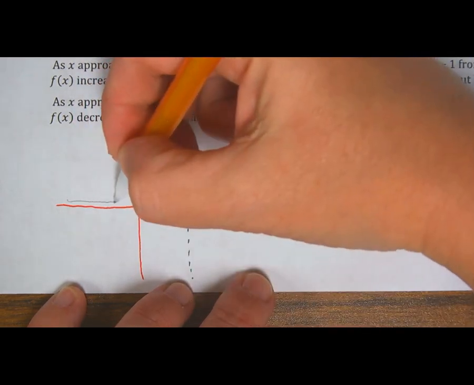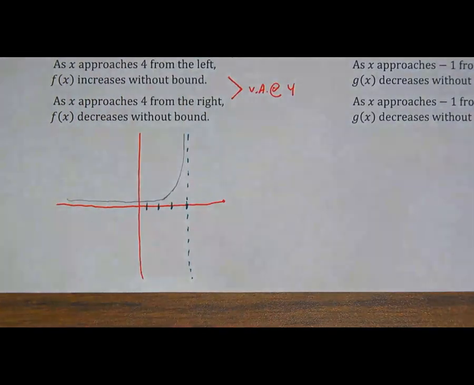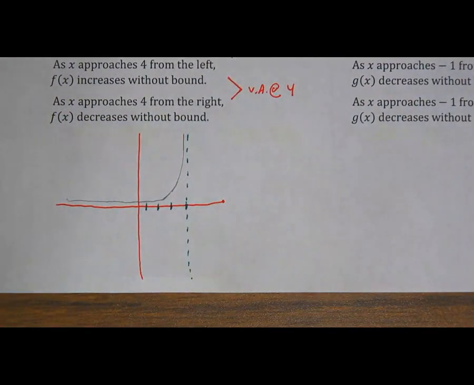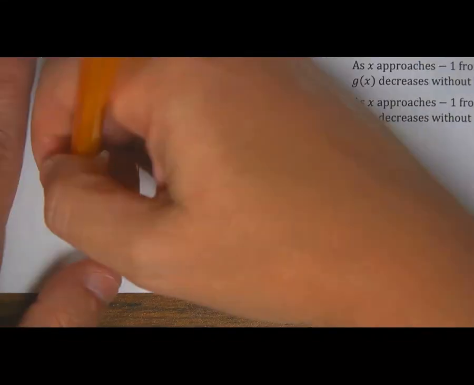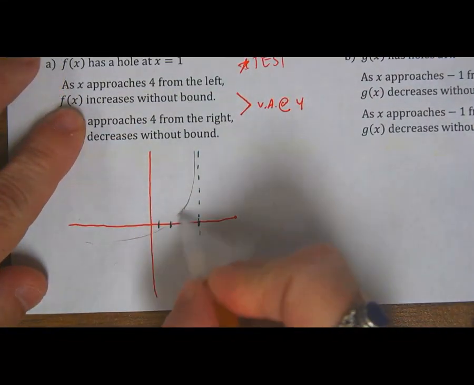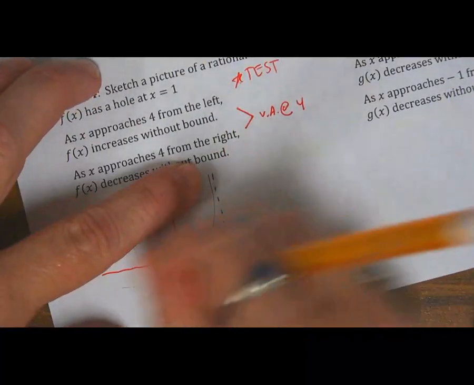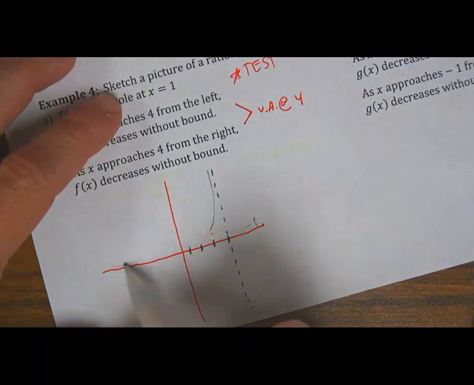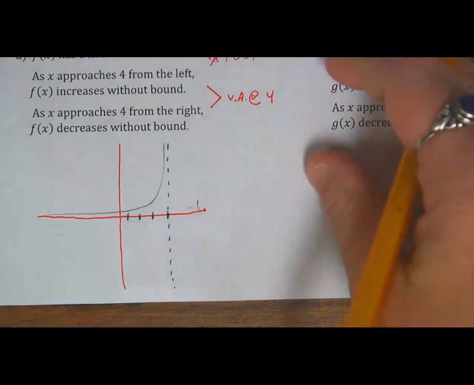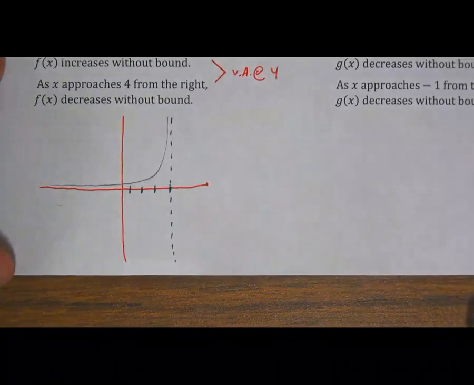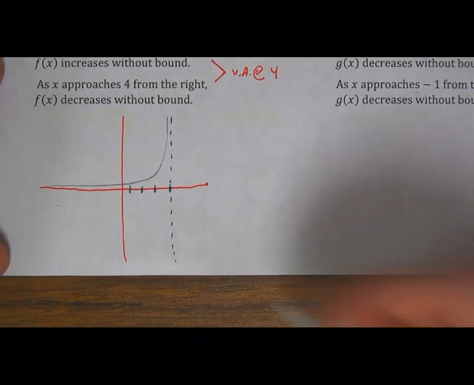And I'm using pencil for a specific reason. Now, again, there's nothing saying that the x-axis is the horizontal asymptote. You could dip down here if you wanted to or something. But I just kind of stick with that. Okay. Now, as x approaches 4 from the right, the y values decrease without bound.